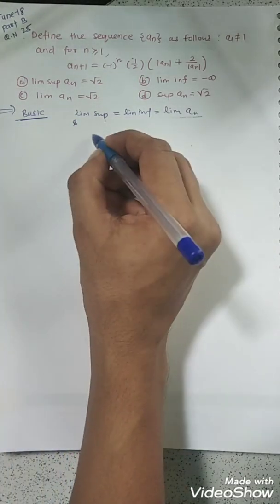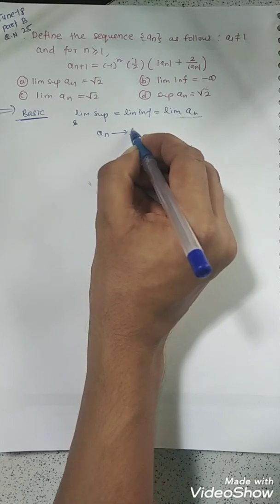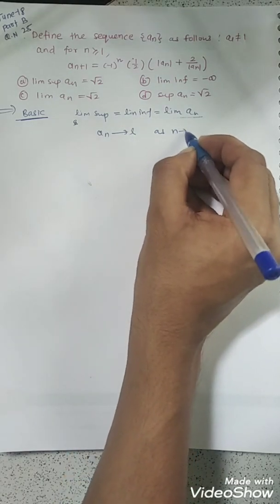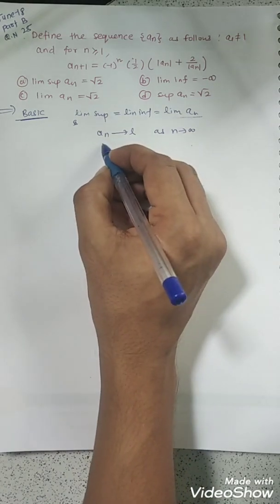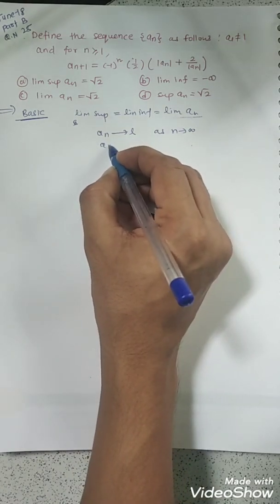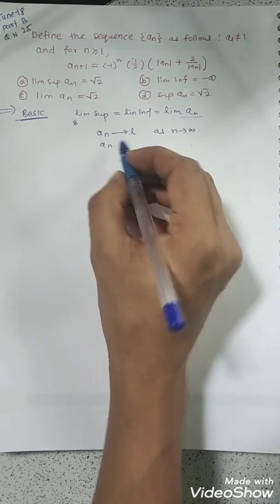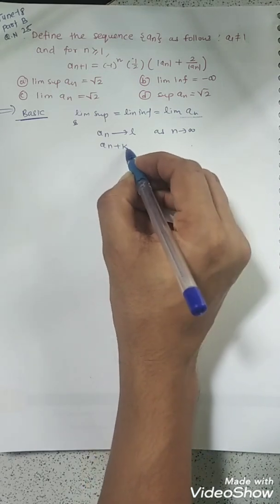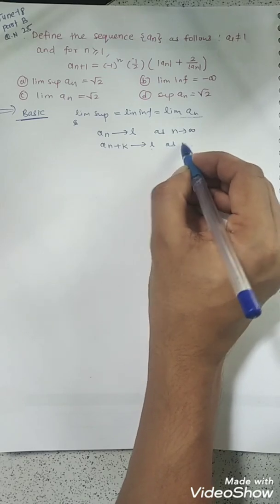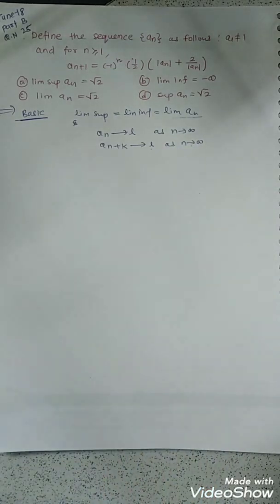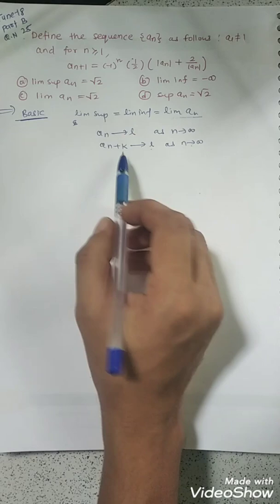We all know that if any sequence an converges to L as n tends to infinity, then all the other terms beyond n, that is n plus k, will also tend to L as n tends to infinity. This is important.